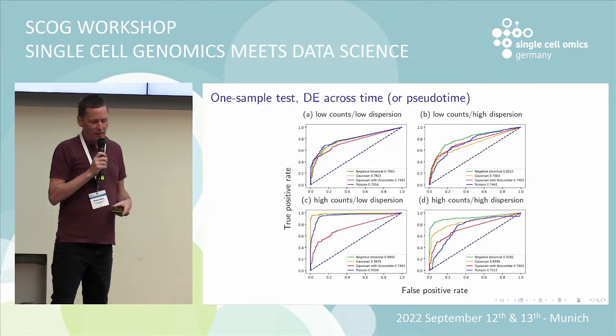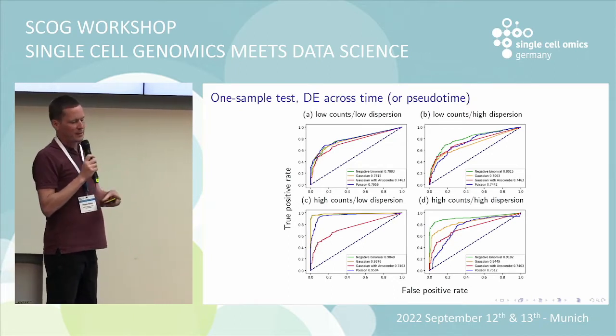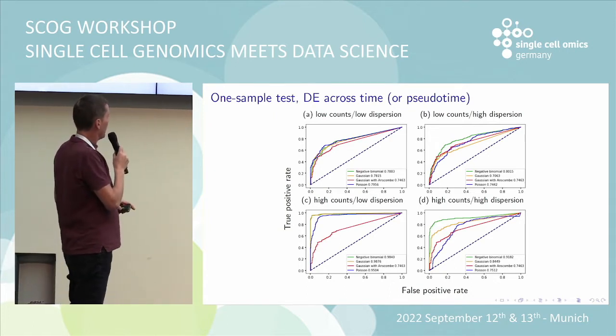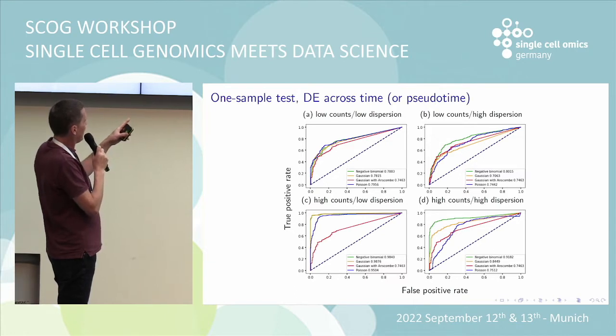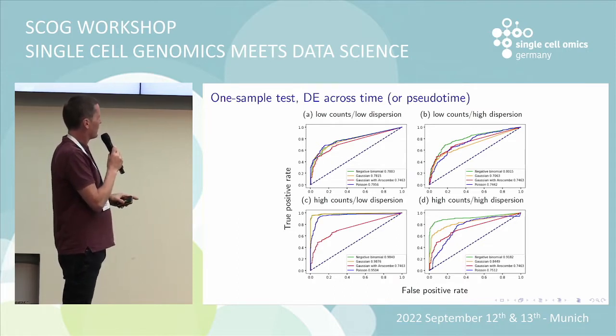And what you find, so this is simulated data where you're doing a one-sample test for dynamics across time or across pseudotime, is that in the case where you have high dispersion, then using a negative binomial helps a lot. And particularly in the case where you have high dispersion and high counts, you can see that the Poisson does very badly, and the Gaussian is also not doing so well in that case.